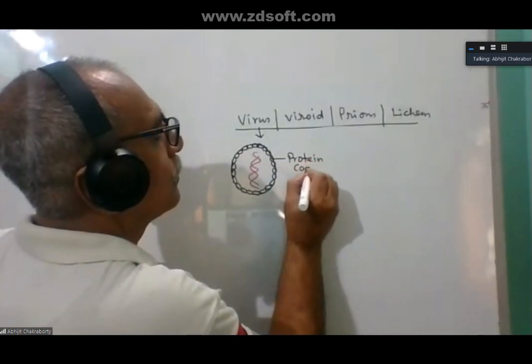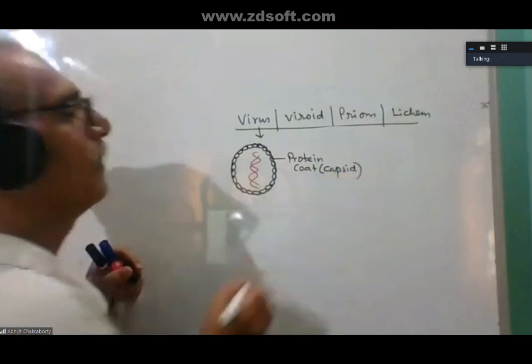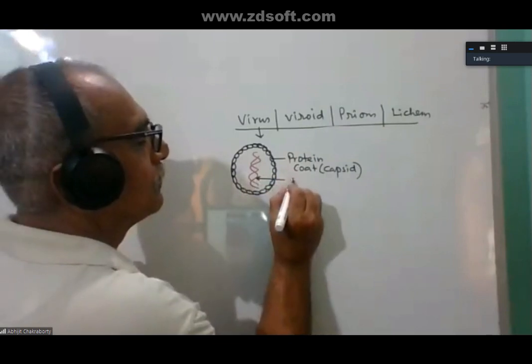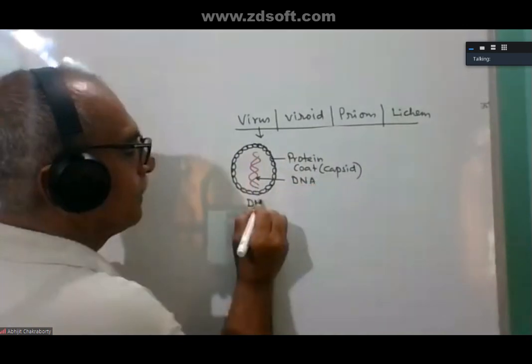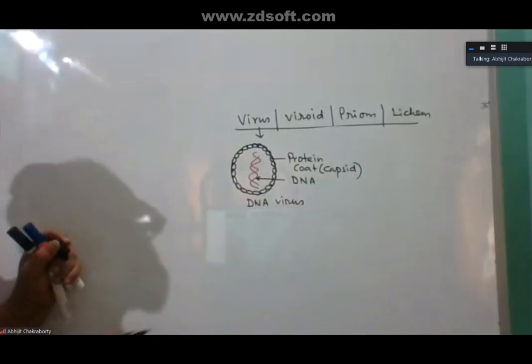Protein coat called capsid. This is a DNA virus.